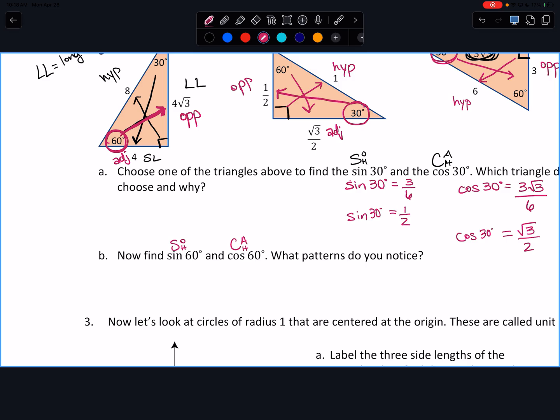So sine is what? Sine of the angle equals opposite, 4 square root of 3, divided by, what's the H? Hypotenuse, which is 8. Can you reduce that?